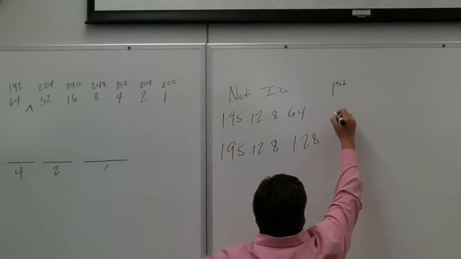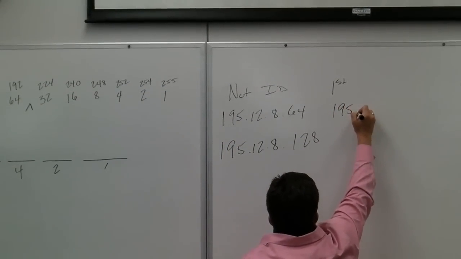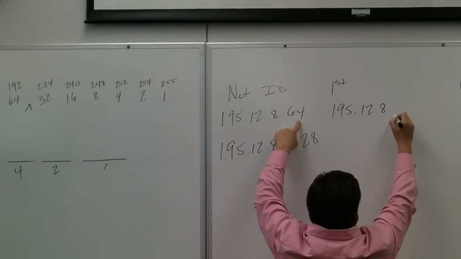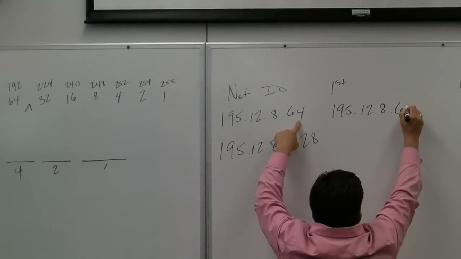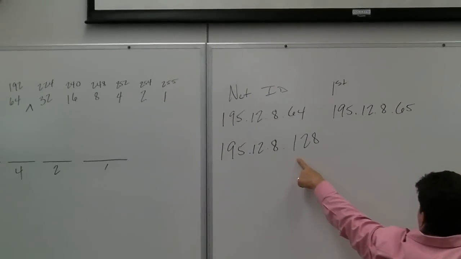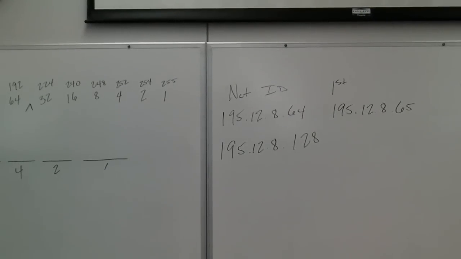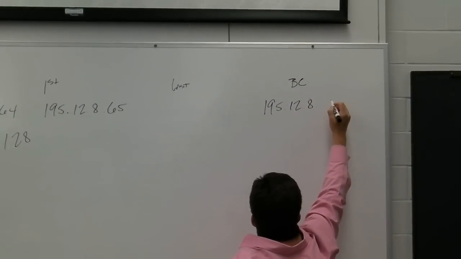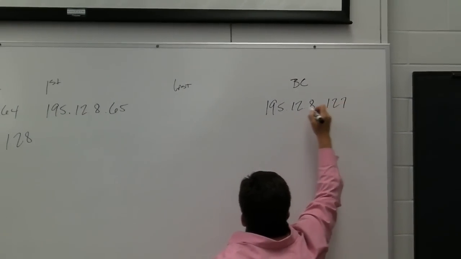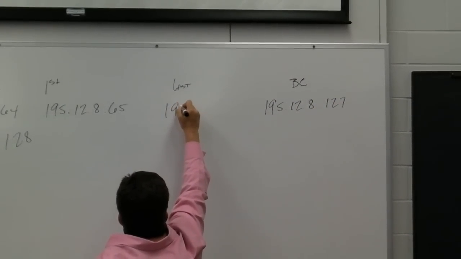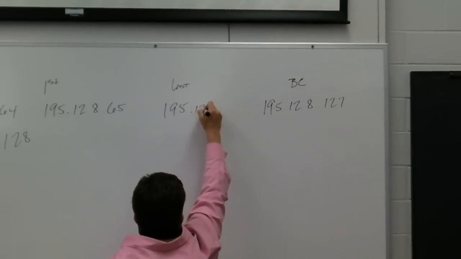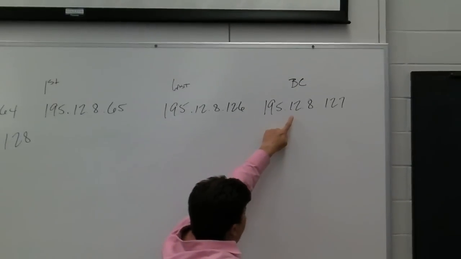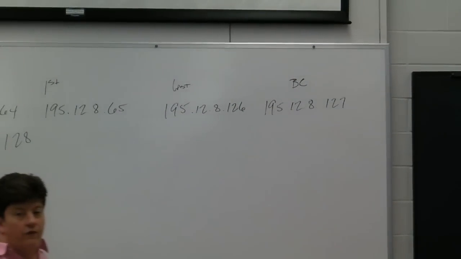Same thing applies though. 195.12.8, add 1 to this. Subtract 1 from the next one. What is it? 127. And subtract 1 more. This is your broadcast address for that network.